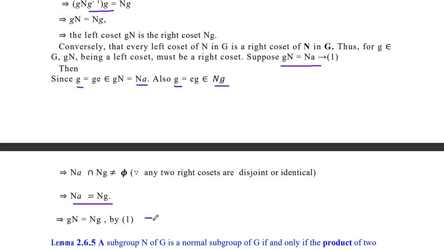So by 1, we make use of this. This in turn implies that gNg inverse equals N for every g in G, and your job is to show that N is normal.